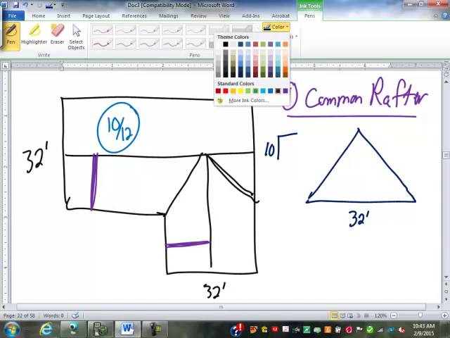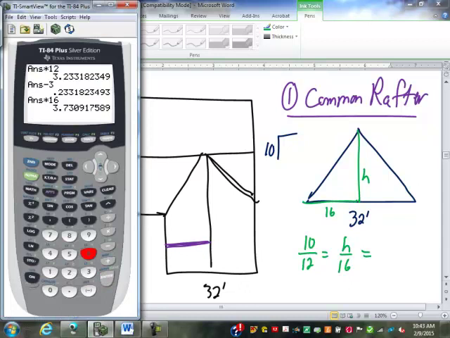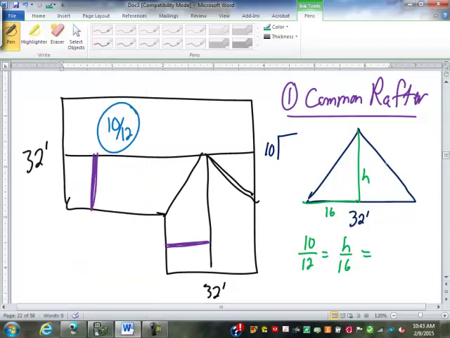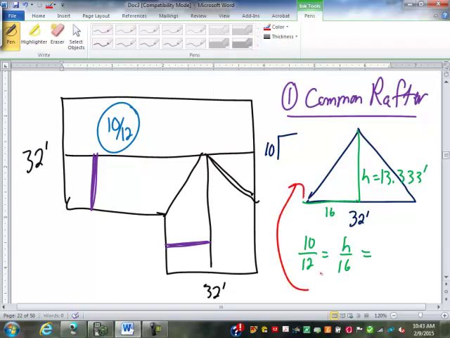There we go. So we have 16 feet here. This is h. 10 over 12 equals h over 16, which is 13.33. So now, our common rafter length will be the square root of that 13.33 squared plus 16 squared.